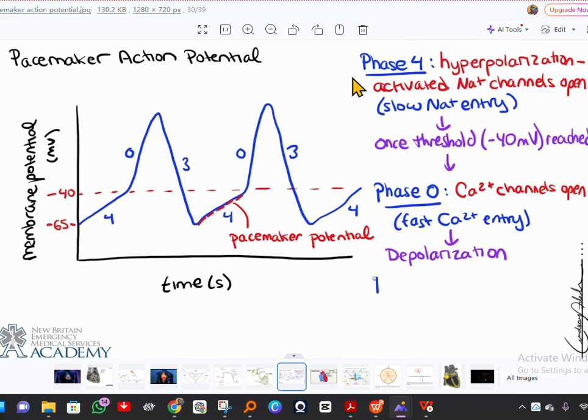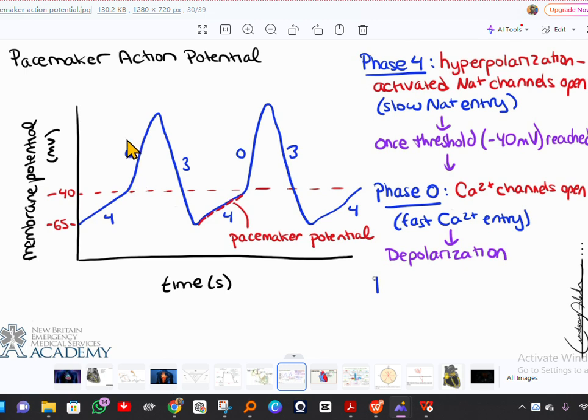So they are activated by hyperpolarization. Since they are slow, the membrane potential goes on increasing slightly. Now, when it reaches the threshold, that is when the calcium channels open, causing the firing of an impulse.